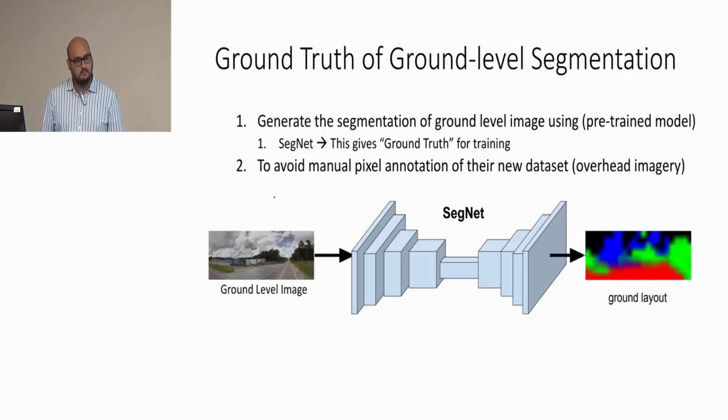But they cannot do this for the aerial because there isn't any system trained on overhead images. That's the main point. So we want to leverage this: we can take a ground level image, get a segmentation using SegNet as a system, and then do the segmentation of the overhead image as weak supervision, and that's the point.